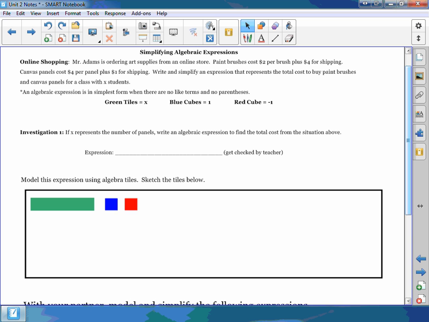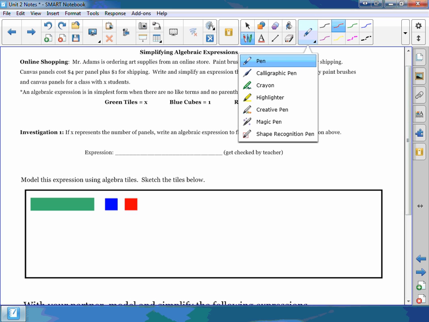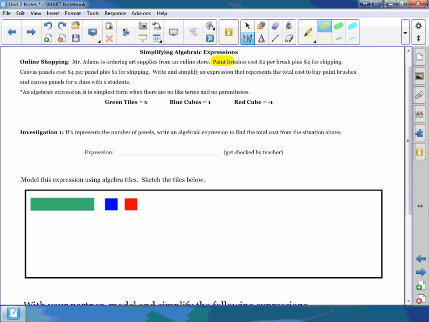So quickly scanning through this initial problem, it talks about a teacher who wants to order supplies, and it mentions here about the different costs. So for instance, paintbrush is $2 plus $4 shipping, and then you have the canvas panels that he must buy as well.